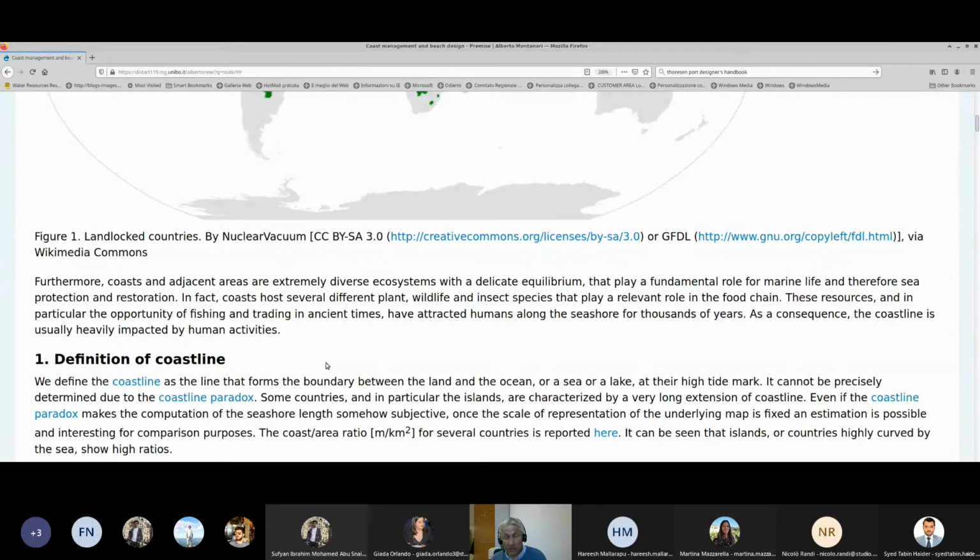And now let's talk about the ecosystems. You know that ecosystems are essential for sustainable development because ecosystems contribute to keep the whole nature system in equilibrium. Now, the coasts are extremely diverse in terms of ecosystems and have a very delicate equilibrium. It's very delicate because in the coasts, you have this marriage between salt water and fresh water.